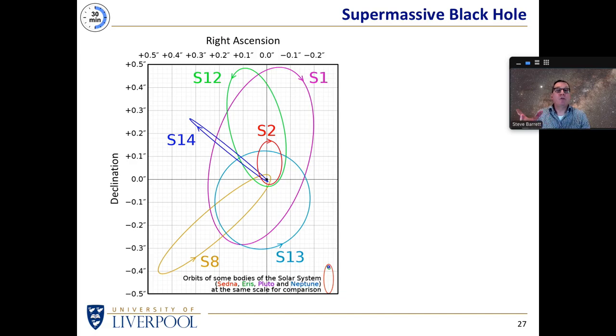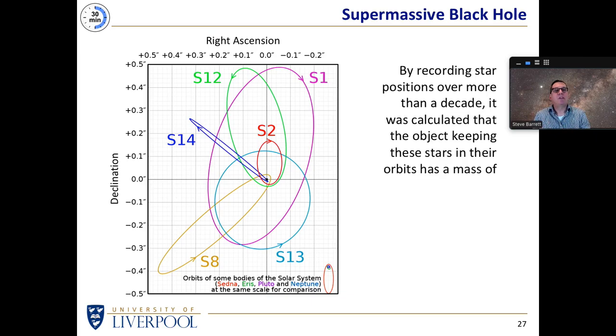By using essentially Newtonian mathematics, with a little bit of Einstein thrown in, it's been possible to track all of these stars and deduce what the object at the centre of these orbits must be. By carefully measuring their positions, it's been determined that the object at the centre of our galaxy must have a mass of not just a few times the mass of our Sun, but some 4 million times the mass of our Sun.